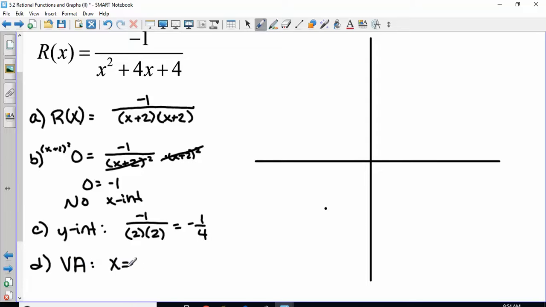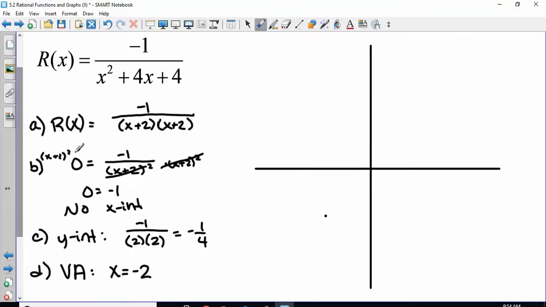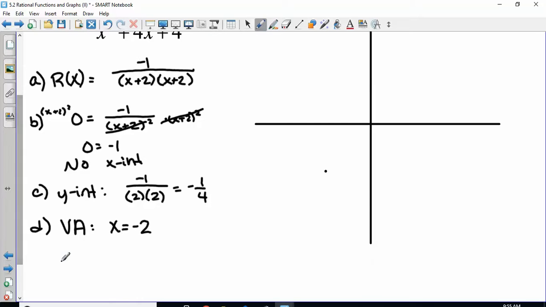So vertical asymptote, vertical is x equals, what makes the bottom 0? -2. That's what we were doing yesterday. Then we have to decide if it's horizontal or oblique. So what is the degree of the top? 0. And the bottom? 2. So if the top is smaller, we said it was going to be a horizontal, y equals what?